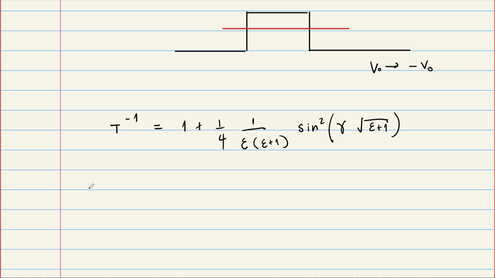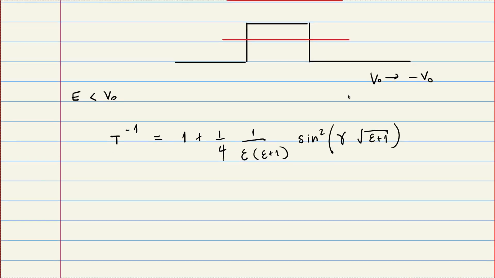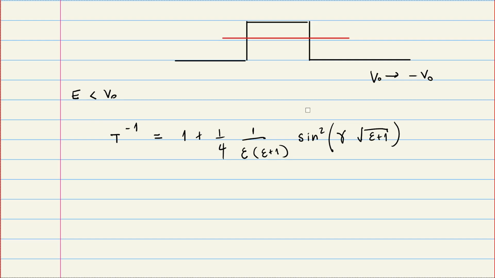So if your E is less than V naught, so this red line, in this case classically the particle should bounce, right? There is no way the particle can go through classically, but if you do the quantum mechanical calculation, the only difference is going to be this sine is going to be sine hyperbolic.